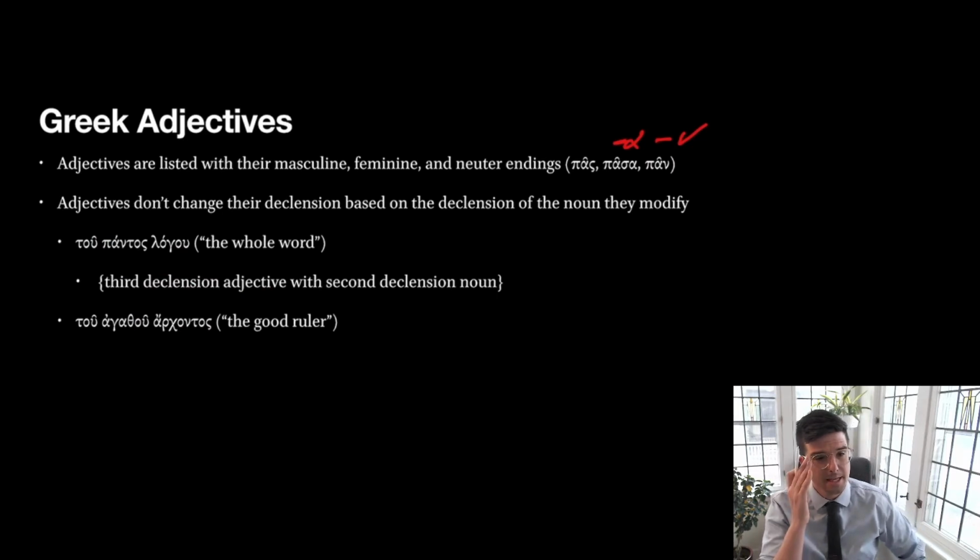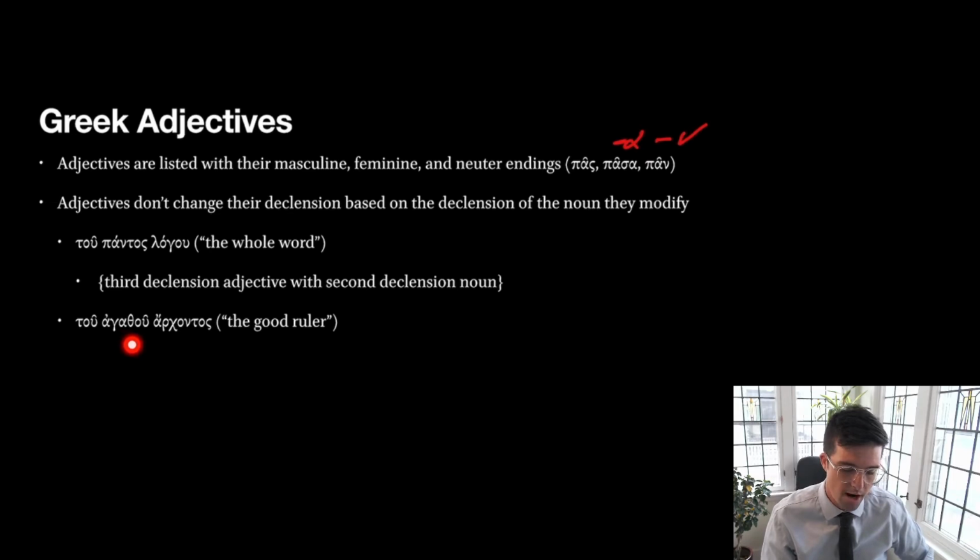And we can see this the other way as well, with tu agathu archontos. So agathu here is a second declension adjective with a third declension noun. So archontos, even though it has this os ending, is not nominative masculine singular, it's genitive masculine singular, following the third declension ending here.